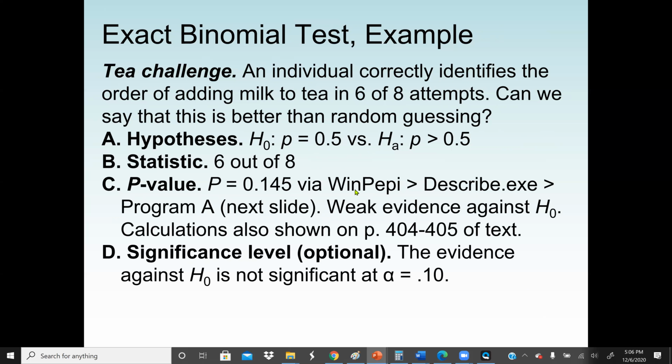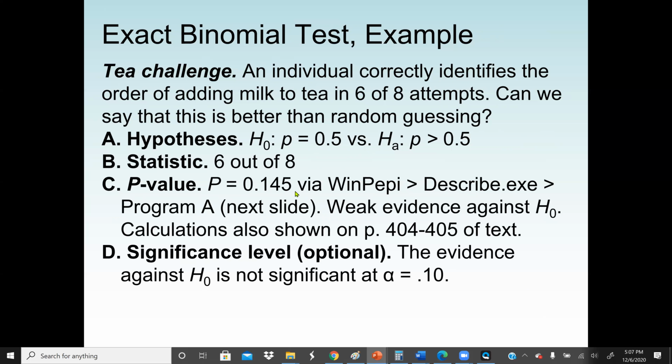In this case, we are using the WinPepi application. Since the p-value is more than 10% or even more than 5%, we are going to retain the H0. So here we say there's weak evidence against H0, so we have to accept H0. The significance level we are using here is 0.10.